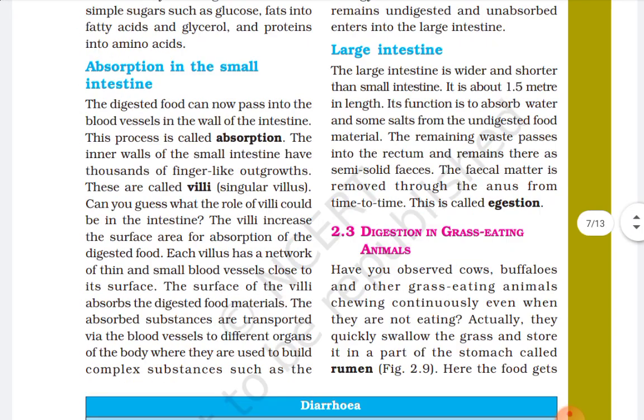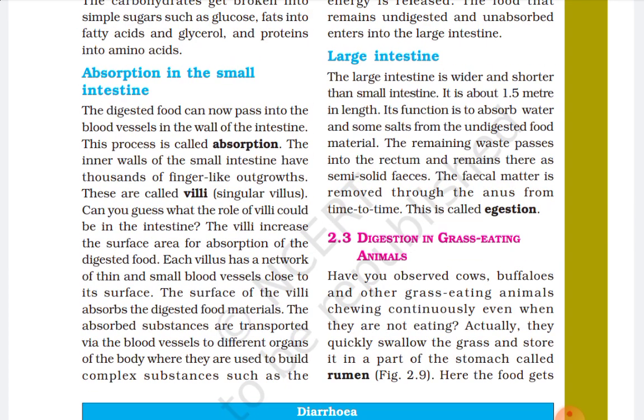These are called villi, singular villus. Villi is plural and singular is villus. Can you guess what the role of the villi could be in the intestine? Villi increase the surface area for the absorption of the digested food.